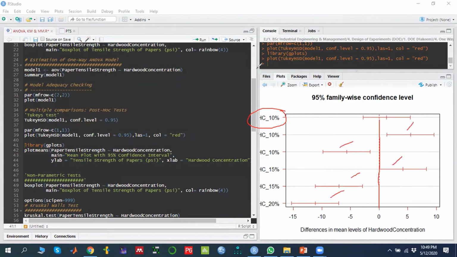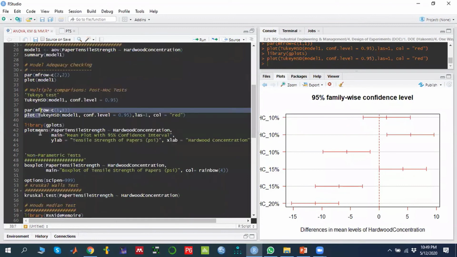Okay, so that means only for 15% and 10% are equal; for the rest of them it is not equal. Okay, now what I'm going to do is apply the mean plots, meaning a mean plot with confidence intervals.